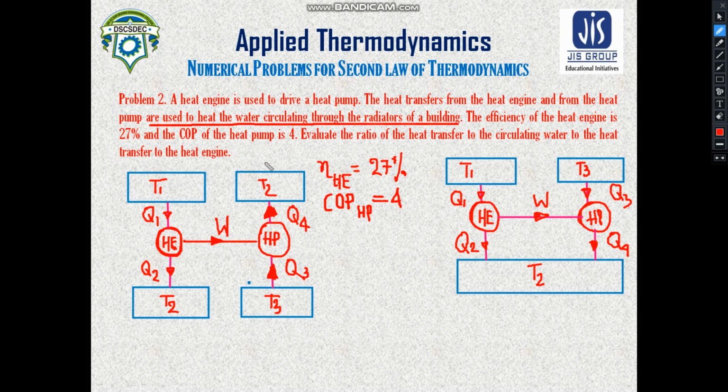So this information is very important to us, and it is well understood that the temperature at which the heat rejection takes place for the heat engine and for the heat pump is the same. So what we have done actually, we have connected these two equal temperature cases, and we have just changed the direction here.